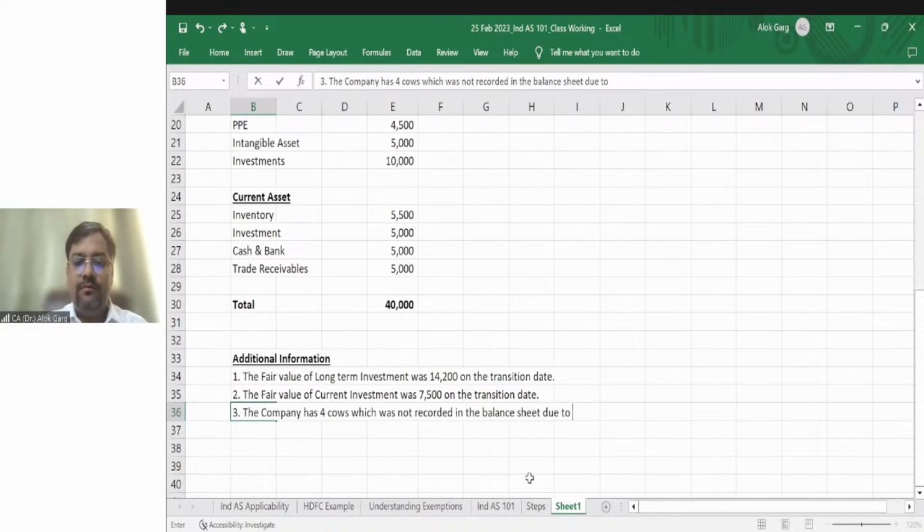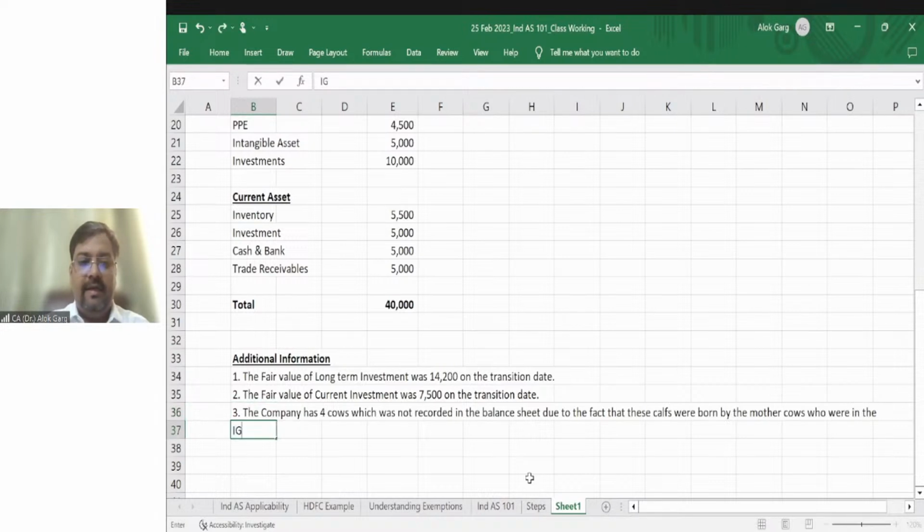due to the fact that these calves were born by the mother cows who were in the IGAAP books earlier.